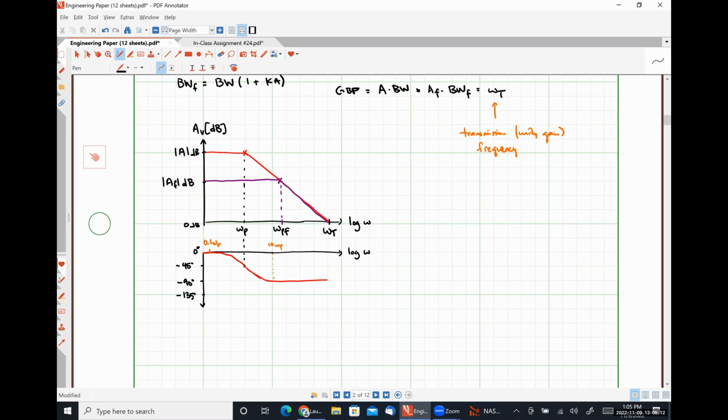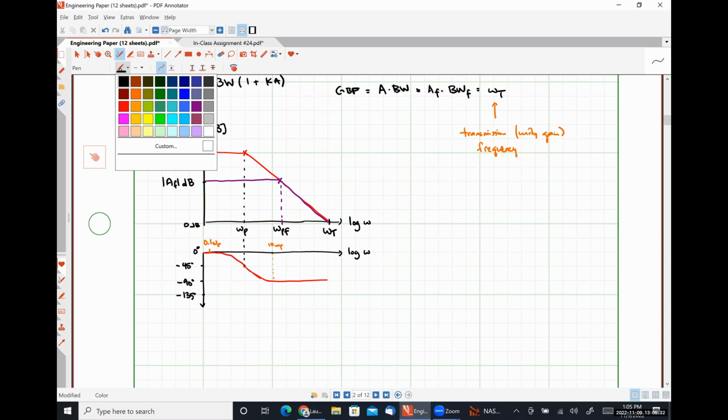And our omega p, again, is a frequency where we hit exactly 45 degrees. Well, if we increase the bandwidth, we are increasing where the location of where our phase starts to change, right?